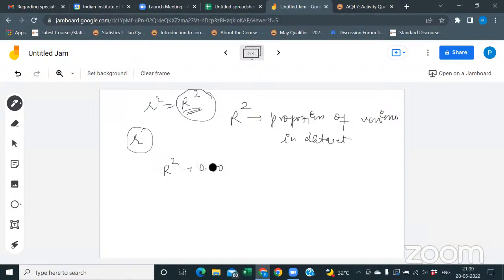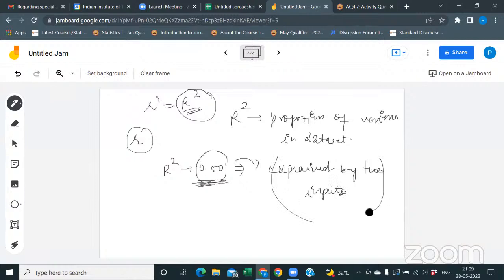The meaning of this is approximately half of the observed variation is explained by your data inputs. Are you getting the point?